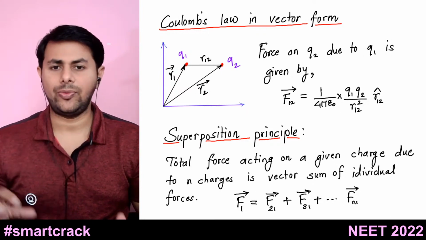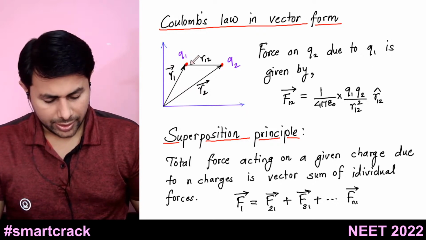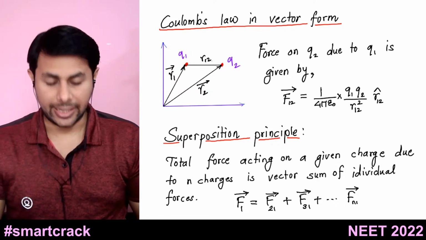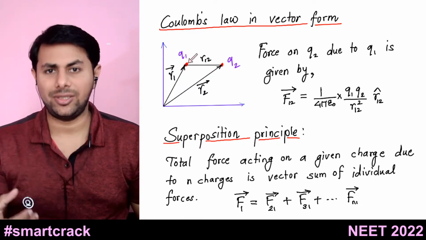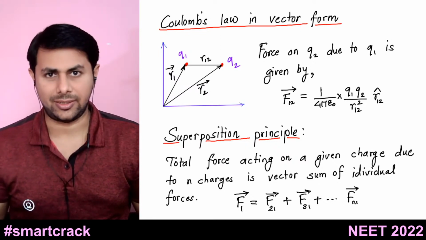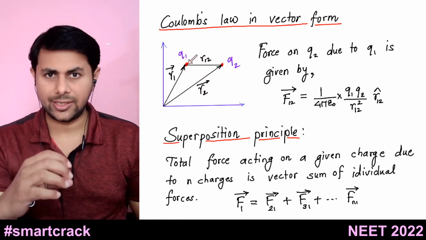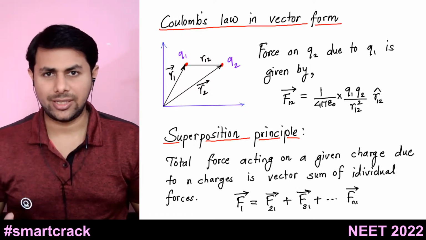See how to find the direction of this force. You draw a unit vector directed from the first charge to the second charge. That means the first charge is the charge which is exerting the force, and the second charge is the charge on which the force is acting. So you draw a unit vector from the charge which is exerting a force to the charge which is experiencing that force.